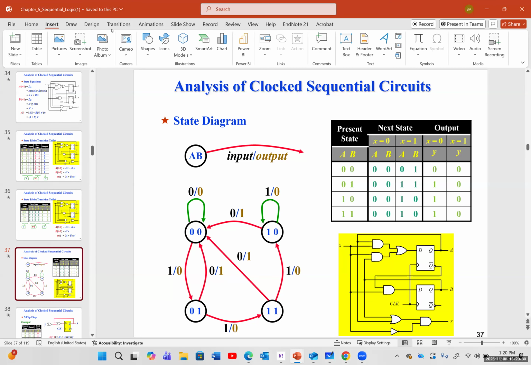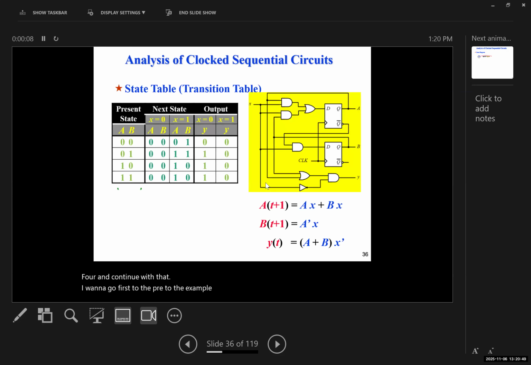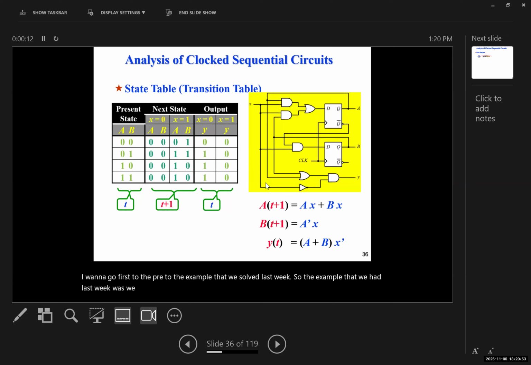So let's start with the same example that we had before and continue with that. I want to go first to the example that we solved last week. We had two D flip-flops, and the inputs were connected using, for the first one, OR and two AND gates.